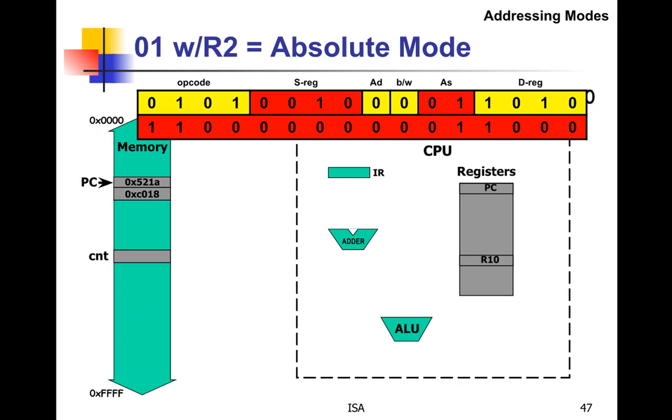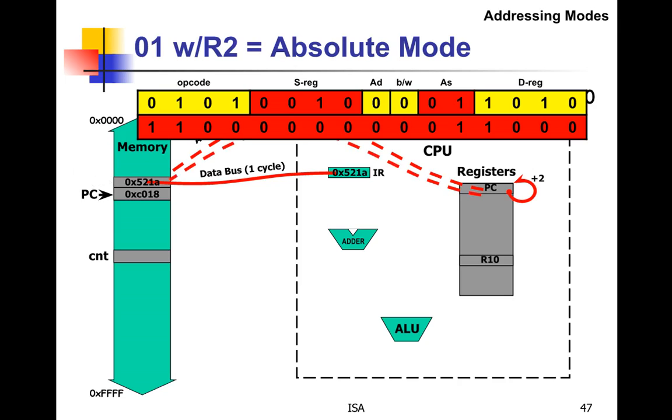Then let's look at how this thing is executed. The program counter goes out and grabs the data the program counter is pointing to and puts it in the instruction register. The program counter is incremented by 2 and moved down. Then the program counter is used to go out and get the data, which is the C018. That's put into the adder, and we're not going to add anything onto it.